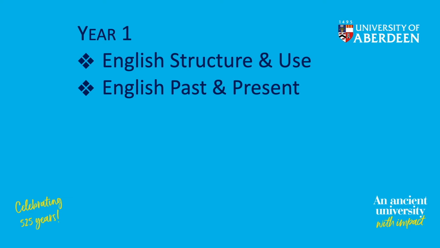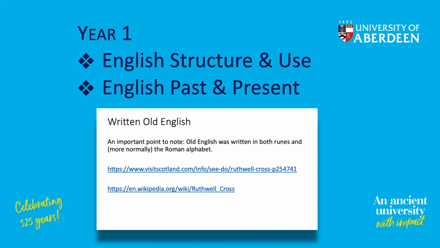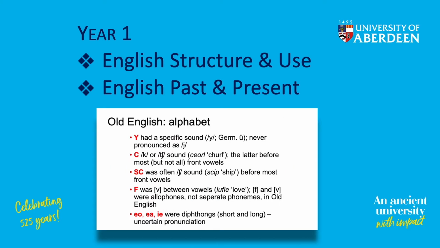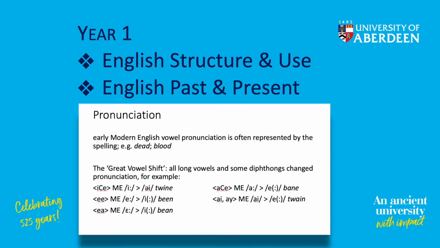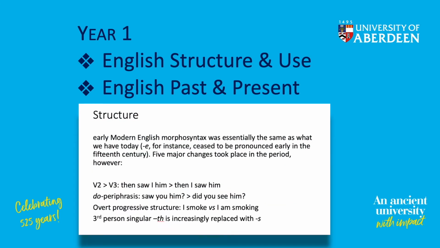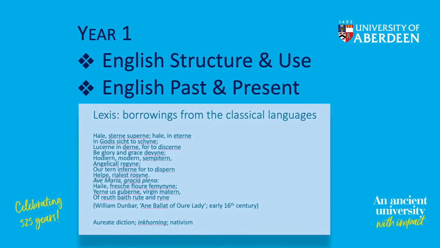Our course in the second semester of level 1 is English Past and Present. As the name suggests, that very much takes a historical perspective, so we go right back to the earliest forms of English, Old English, and we steadily go through the changes and developments in the English language up until present-day English.